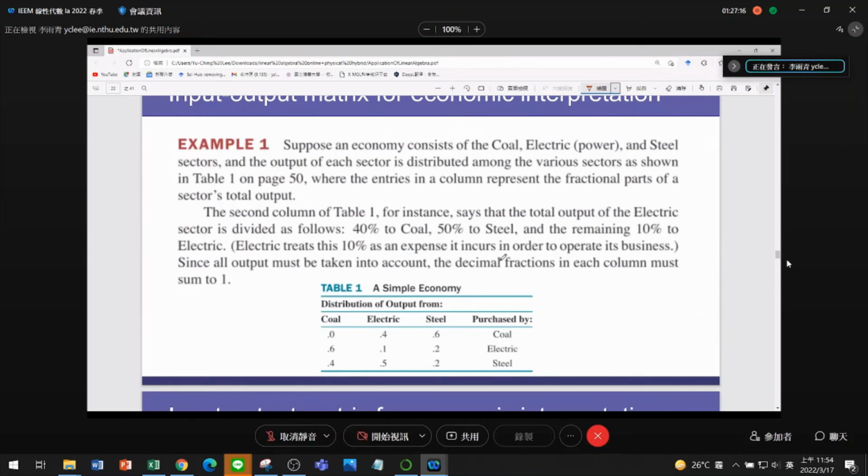But the difficult part is the economic interpretation of such a matrix, even though we know exactly how to compute the solutions for such a table.